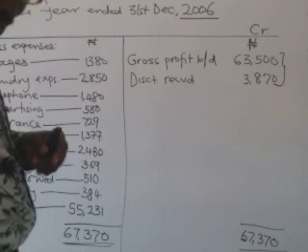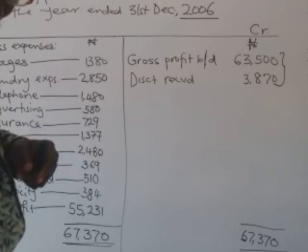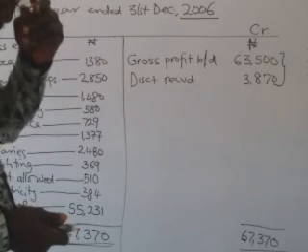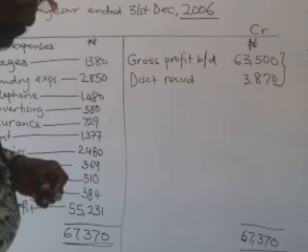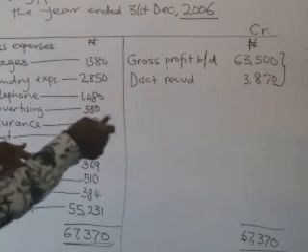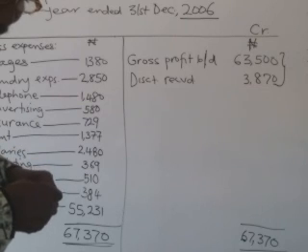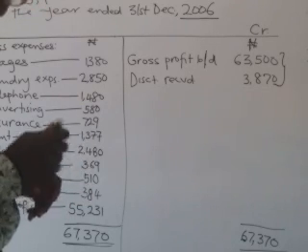When we deduct that, then we have 173,950. Mind you, on the credit side of the trading account, you still see 173,950. That's the net sales. That's the actual goods sold.